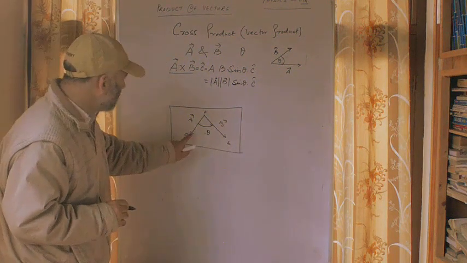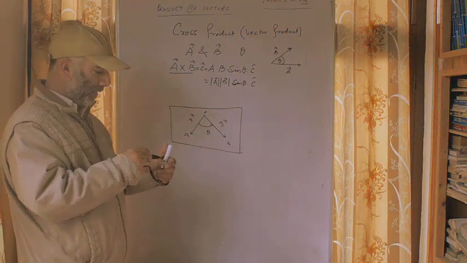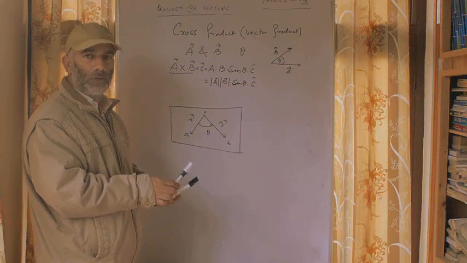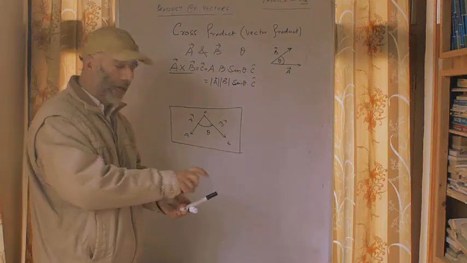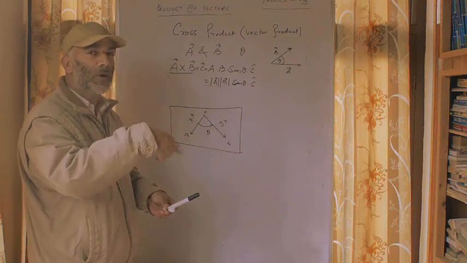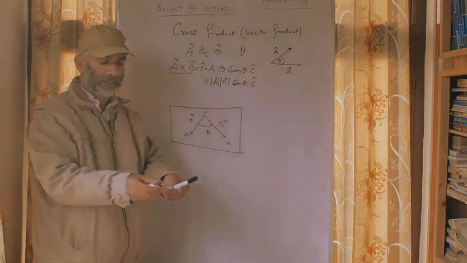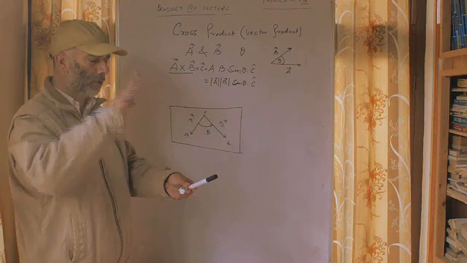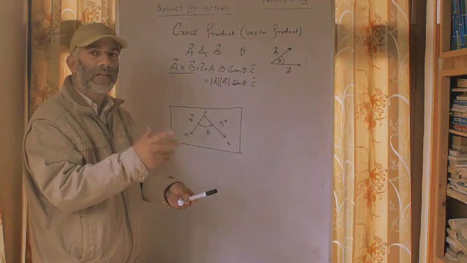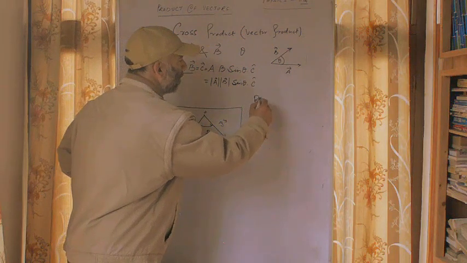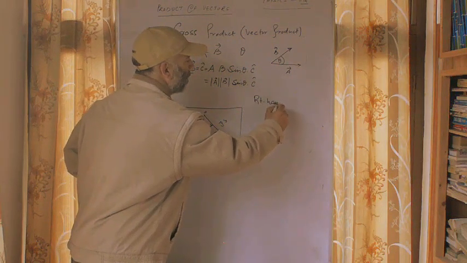So my students, in case of the two vectors, the cross product of the two vectors is equal to the product of magnitude of the two vectors and sine of the smaller angle between them. But as far as their direction is concerned, the direction in case of the cross product of the two vectors is given by one rule that is known as right hand thumb rule.